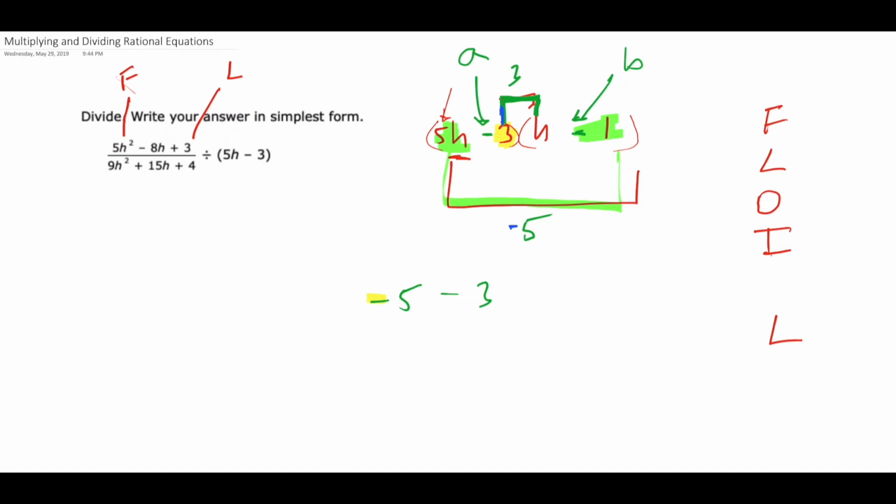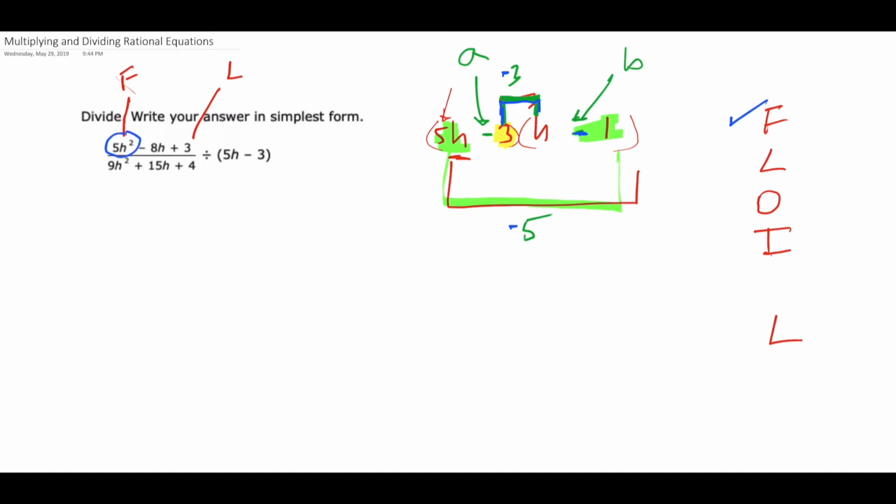The inside position gives you what? Negative 3. And then negative 5 and negative 3 give negative 8. Okay, so that's how you set up the top. We did our firsts by putting the 5 and the h into place to give us the 5h squared.